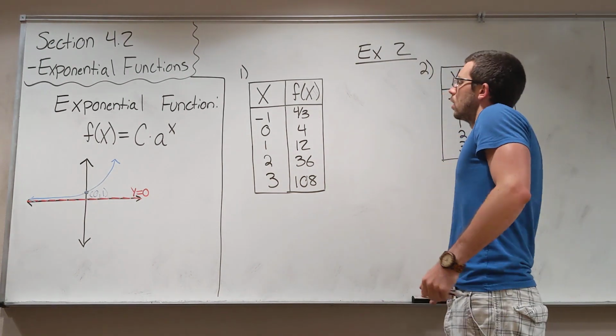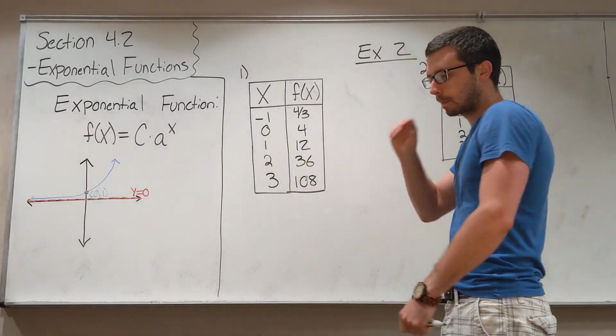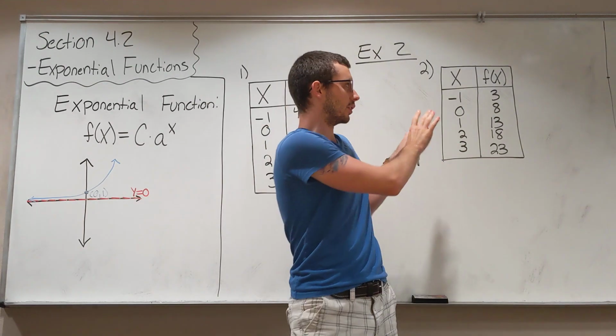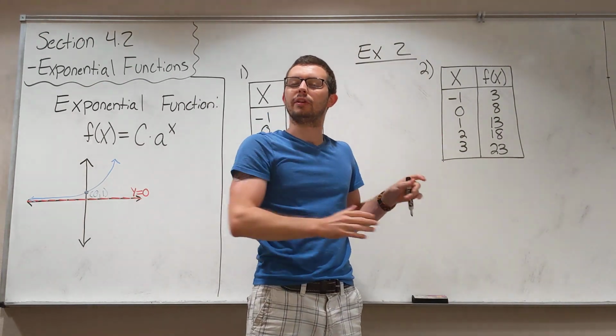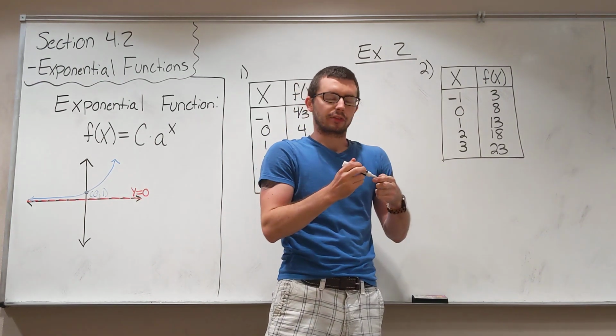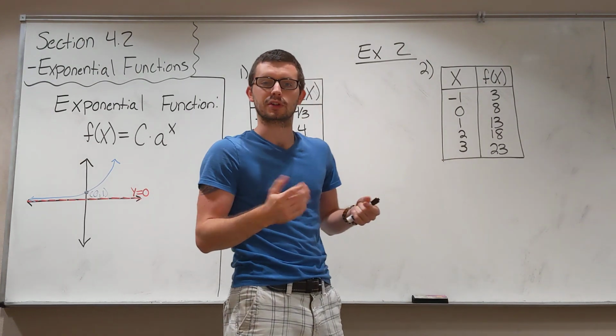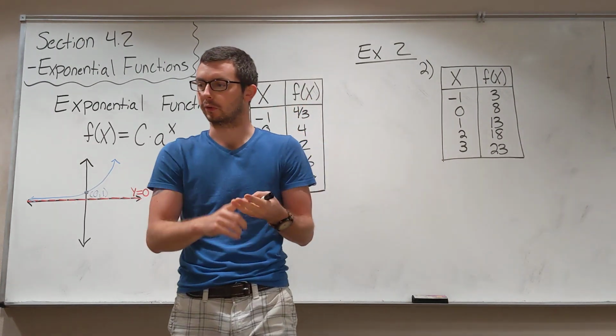I actually want to look at problem 2 first, because we did this type of problem before in the section on linear functions. So when we determine if a trend is linear or not, that's the first question. It says, is this linear, exponential, or neither?